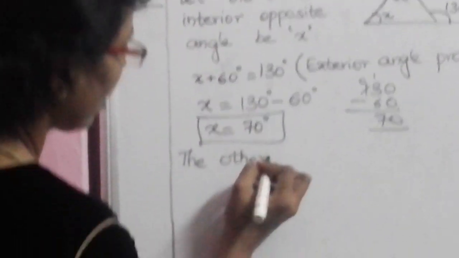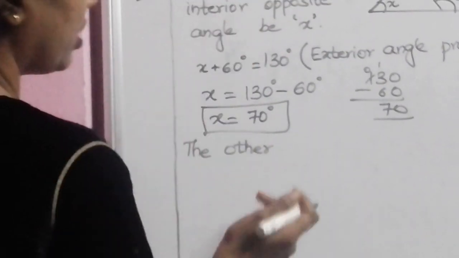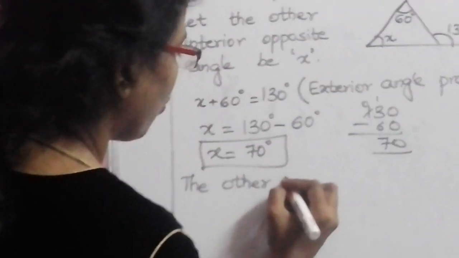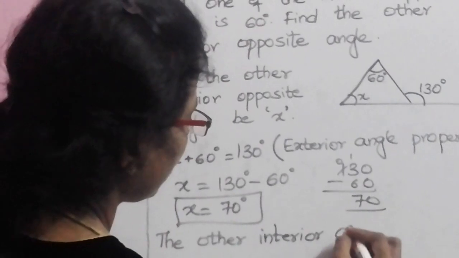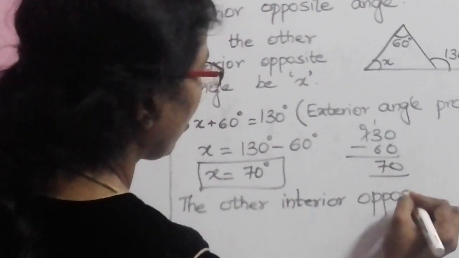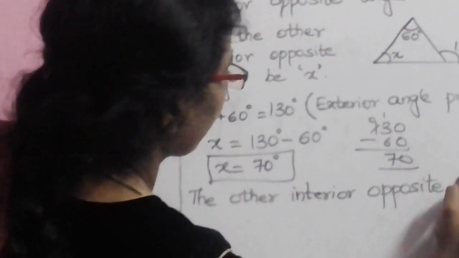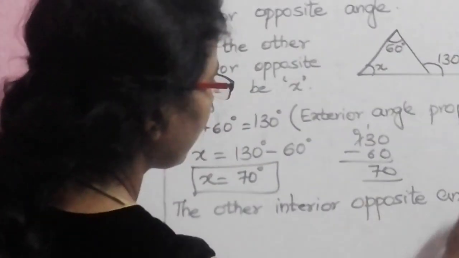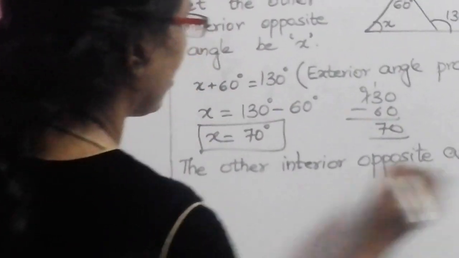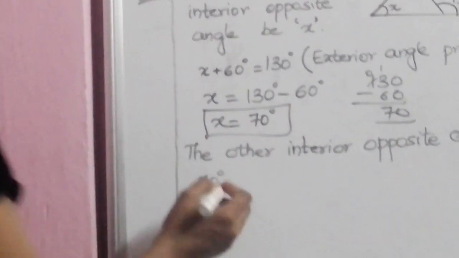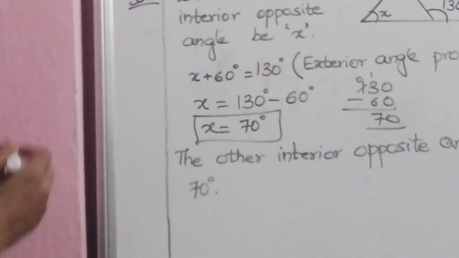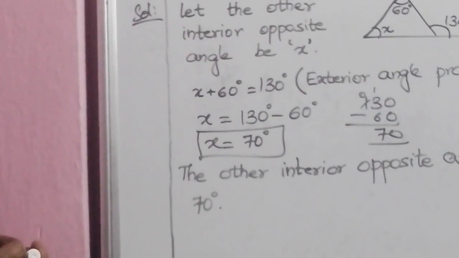We are completing the problem, copying the same thing. The other interior opposite angle is 70 degrees. Copy this in your class workbook, children.